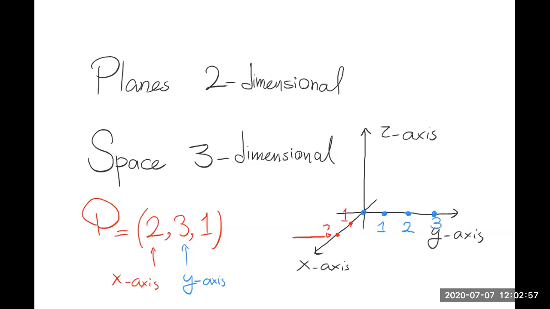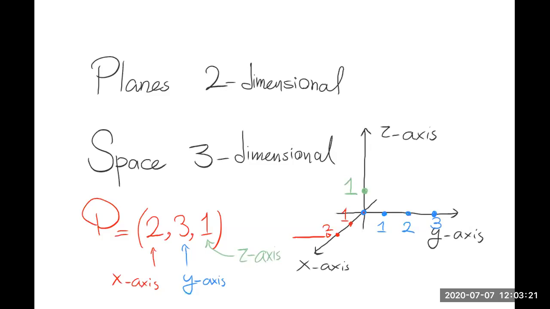And then on the z-axis, the last one, the third component, is 1. And these three numbers are supposed to give us the location of P.